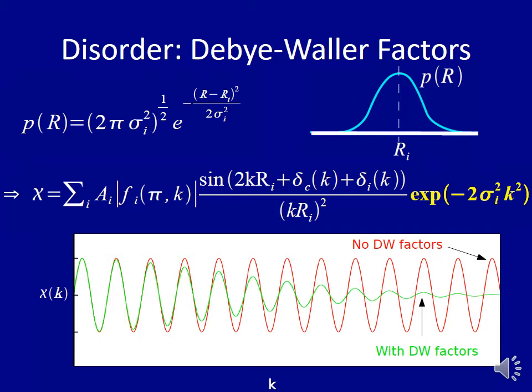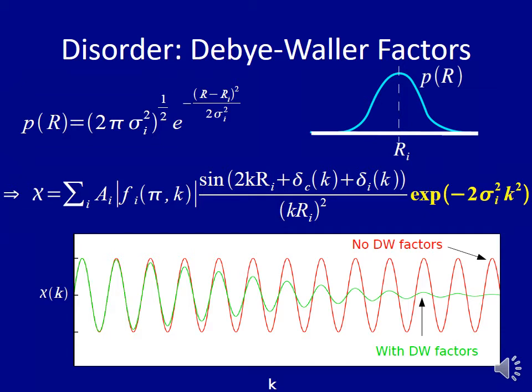And since this is multiplied by k squared, then you can see at very low k or very low energy, either way you want to say it, you get very little effect. Whereas at large energies, you get a very large effect, large damping.